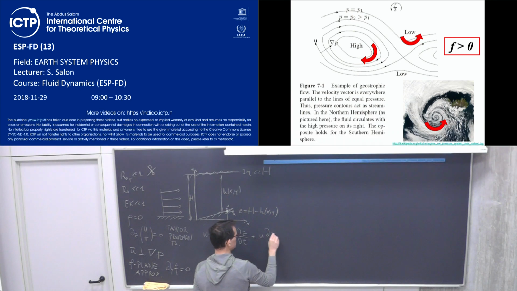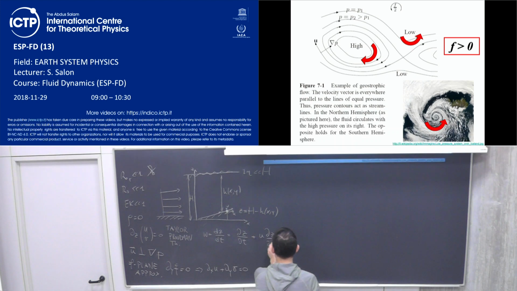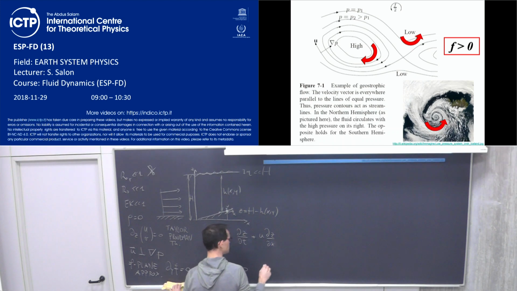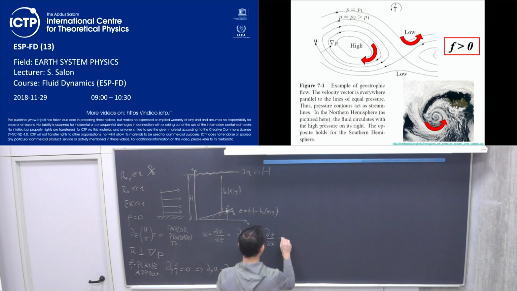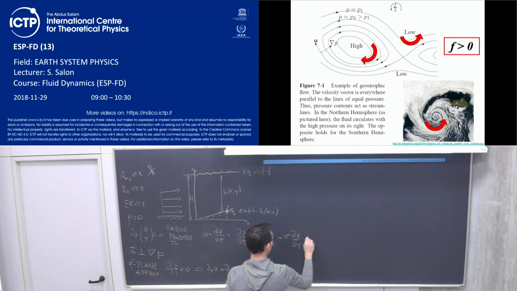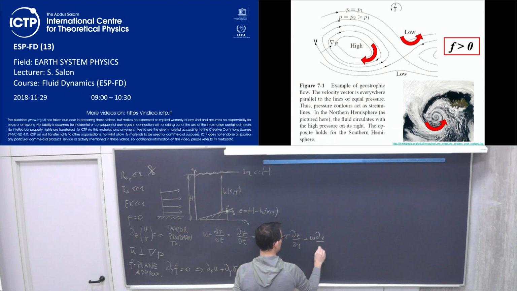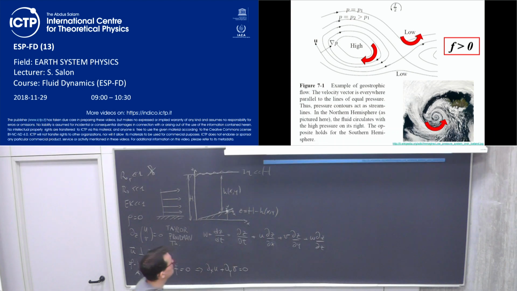So we will have u ∂z/∂x plus v ∂z/∂y plus w ∂z/∂z. But since capital H is a constant, z is a function only of x and y, so we don't need the time term and the last term.